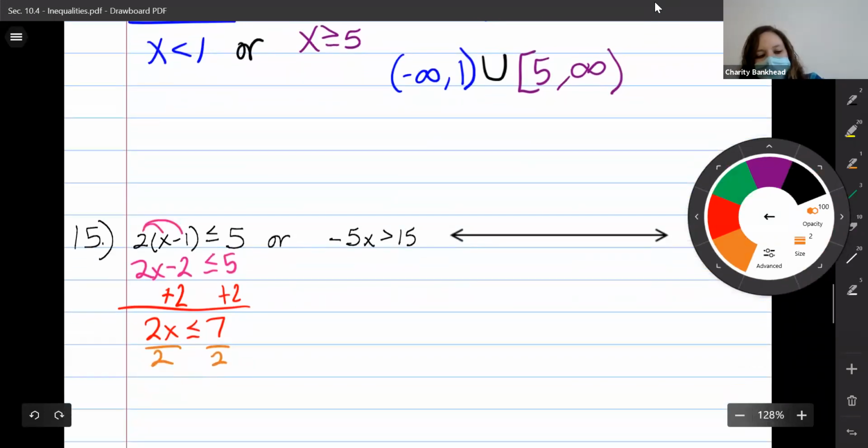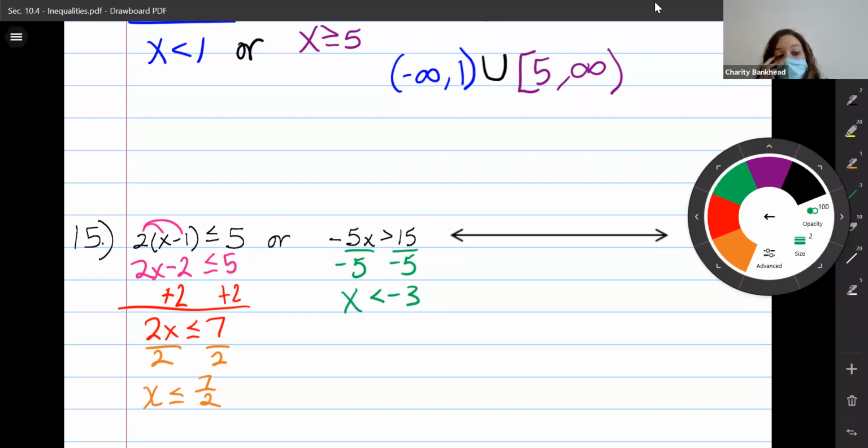So x is less than or equal to 7 over 2. And then divide both sides by -5. So x is less than -3. So we have x is less than or equal to 7 over 2, or x is less than -3.